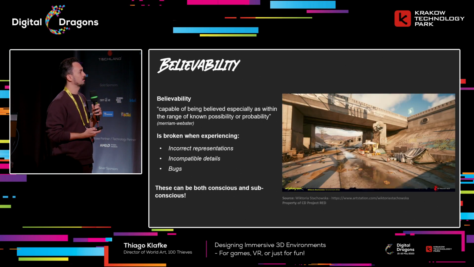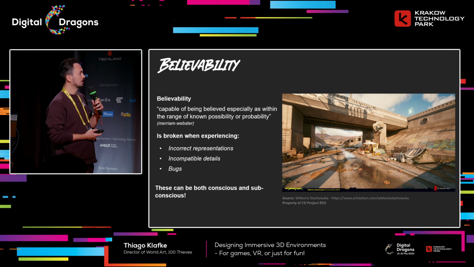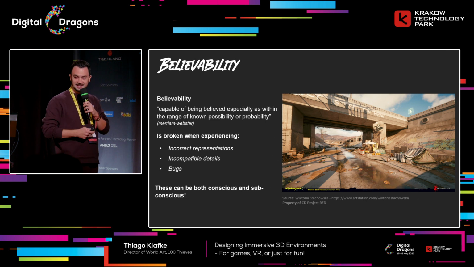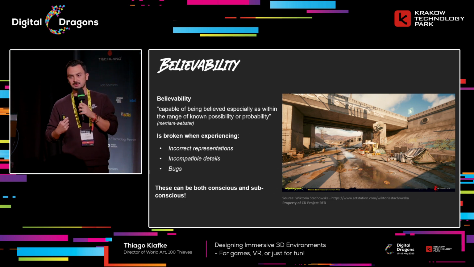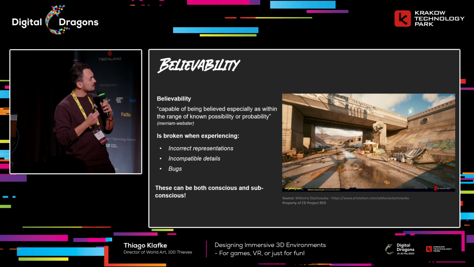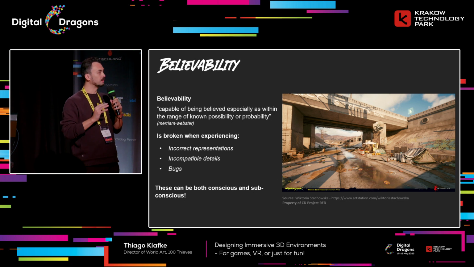So here I found this amazing example from Cyberpunk. I live very close to LA, and looking at this picture, I couldn't find a single detail that wouldn't be in LA.